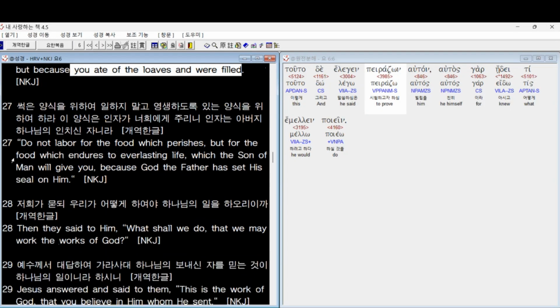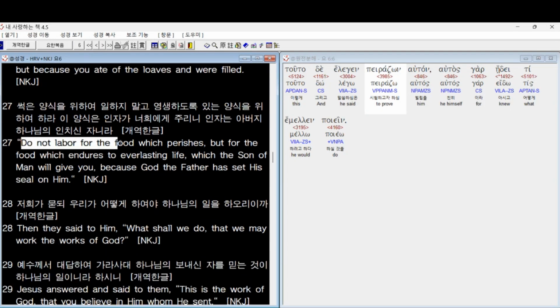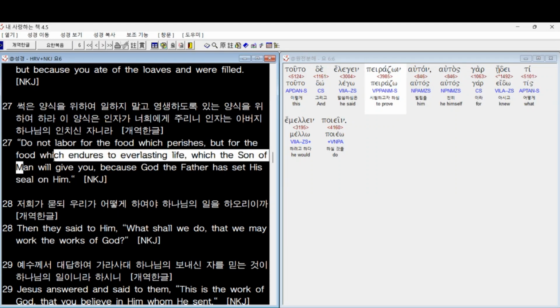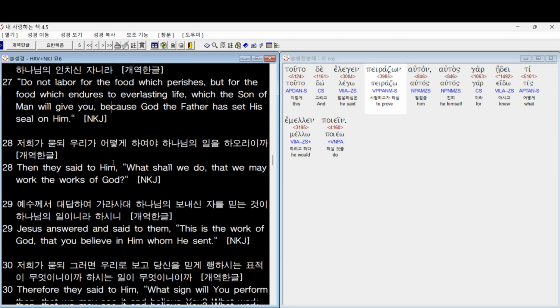So Jesus is saying, do not labor for the food which perishes. The sign Jesus was showing them is the food that does not perish, the food which endures to everlasting life, which the Son of Man will give you, because God the Father has set his seal on him.